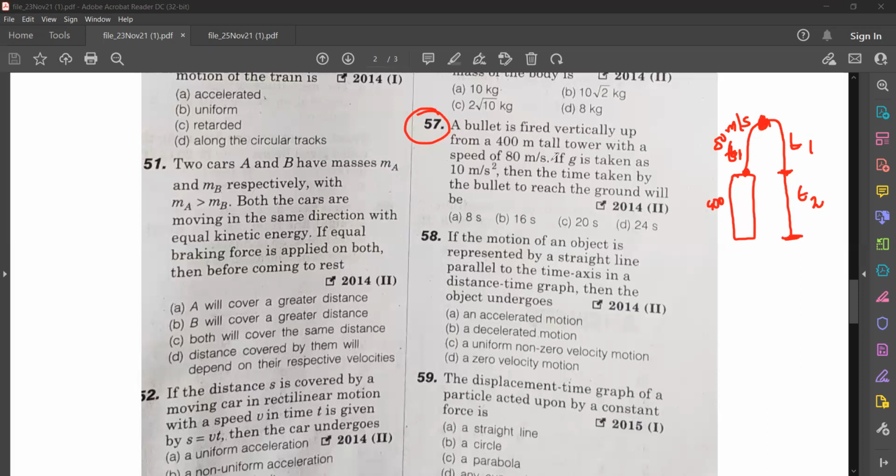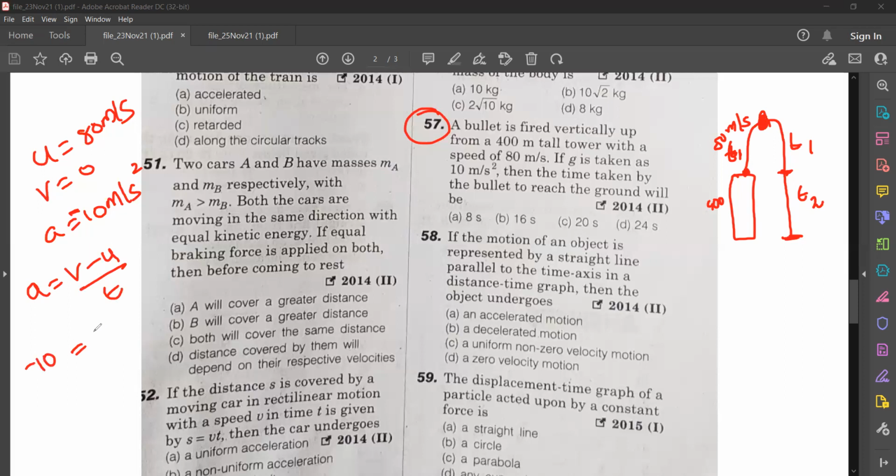They have given the initial velocity U as 80 meters per second. When it reaches the top, the final velocity V is equal to 0. The acceleration is 10 meters per second square, and it is negative because it is going up. So a is equal to V minus U by t.